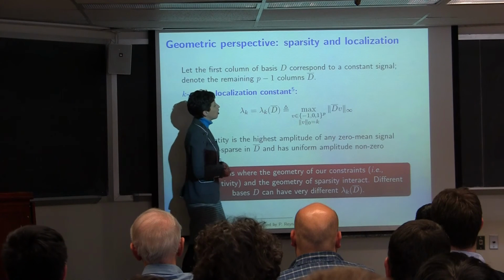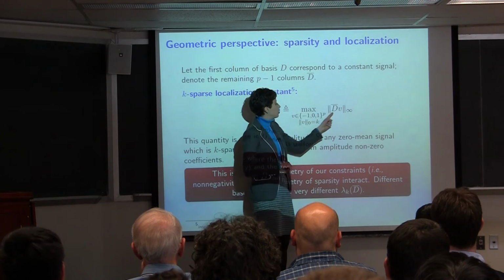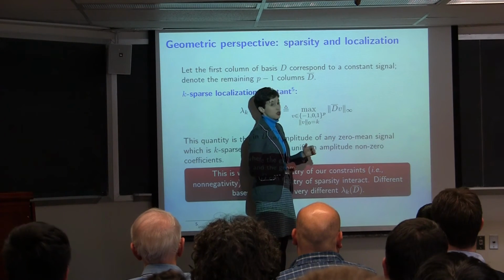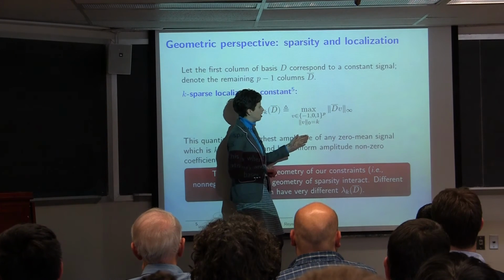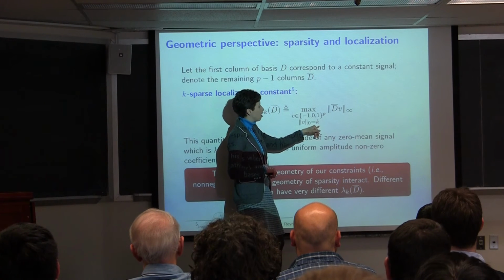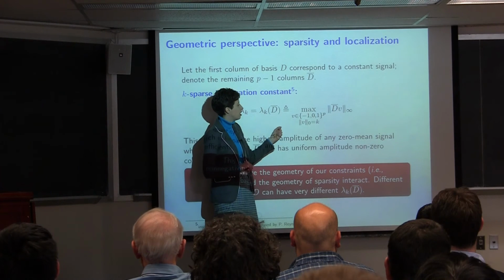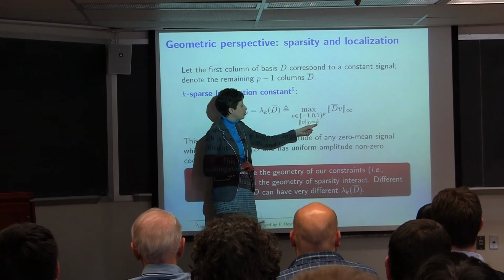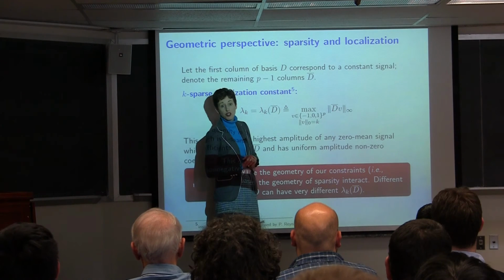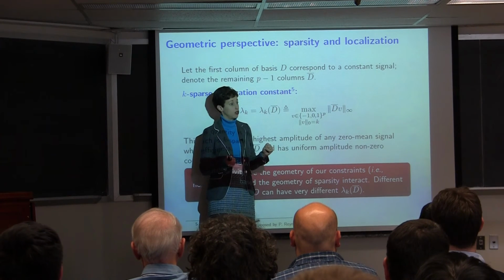And then we're going to say, okay, let's think about signals that we can construct that are zero mean and that are k-sparse in this basis. So we're going to consider signals V, which are k-sparse, and where the non-zero coefficients are restricted to be plus or minus 1.